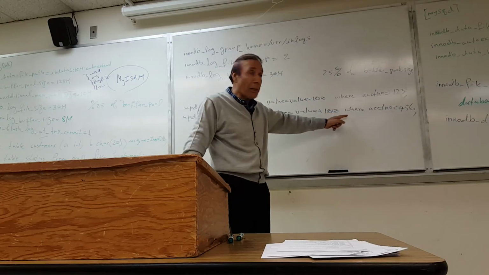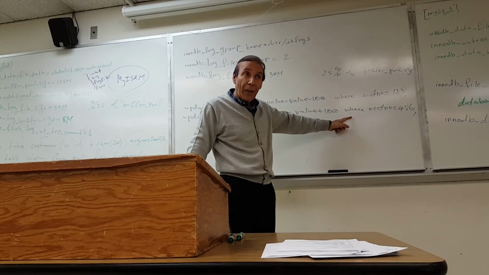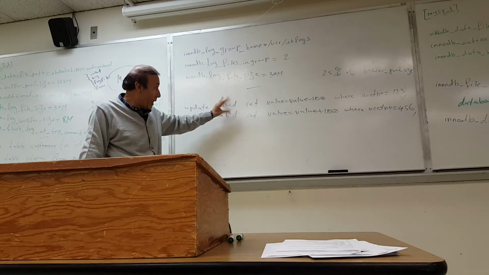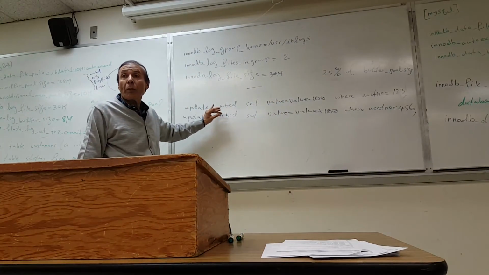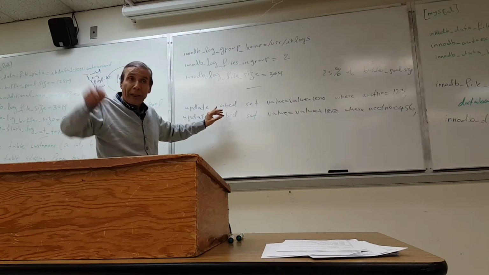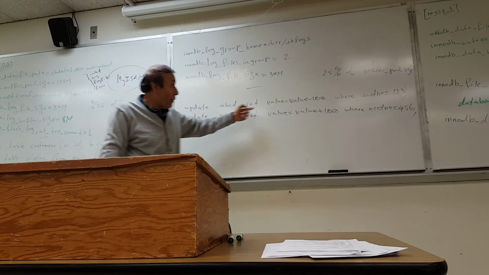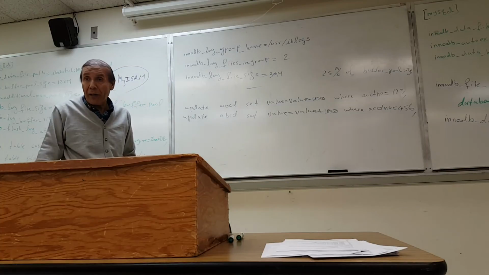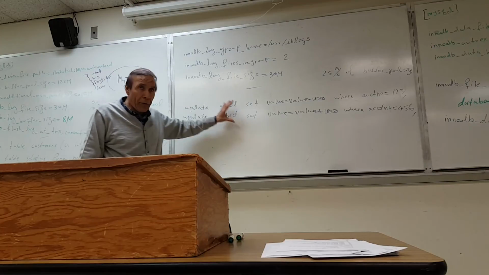Money is deducted but is not added. So these two lines should be done simultaneously, or if the failure happens in one of them, the other one should not be done, right? So either both or nothing.